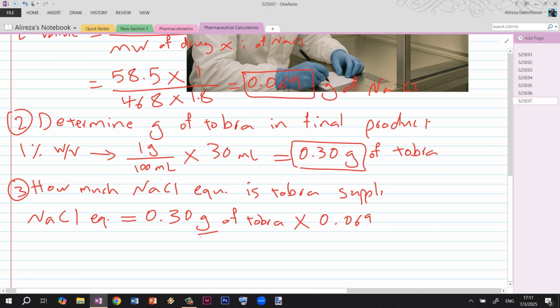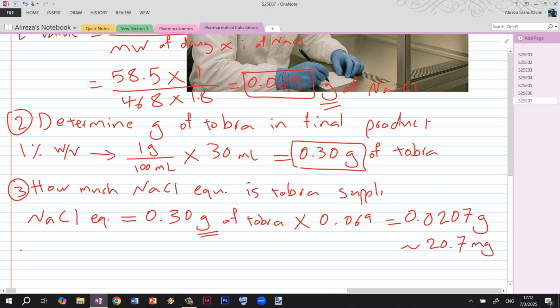You have to make sure this is in grams, since our E value here is in grams. And that will give you gram equivalence of sodium chloride, which, if you type this into your calculator, would be about 0.0207 grams, which we can say is about 20.7 milligrams of sodium chloride.